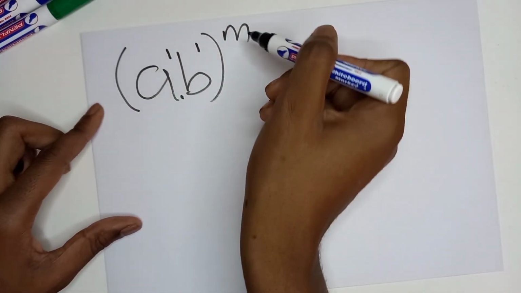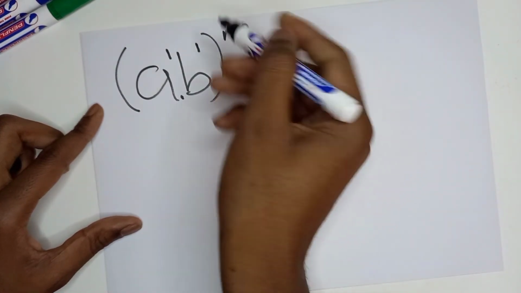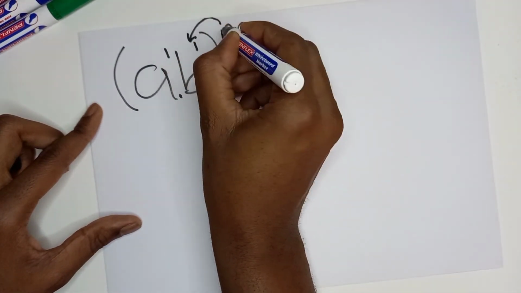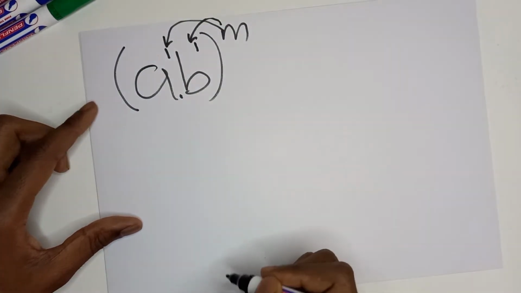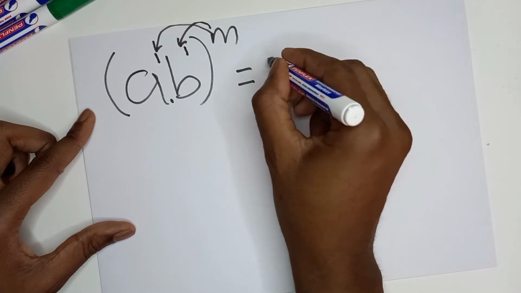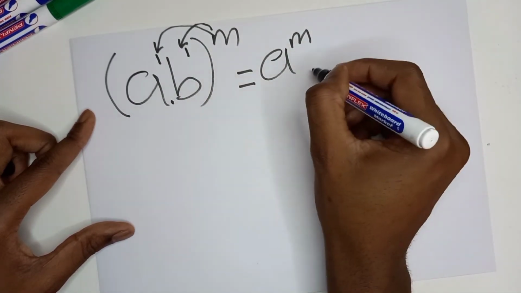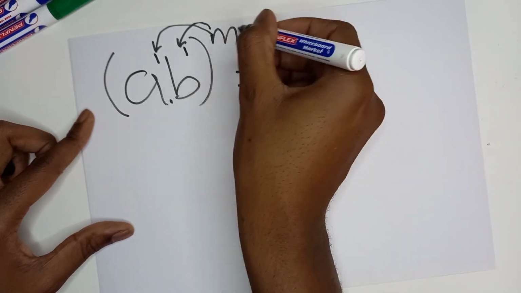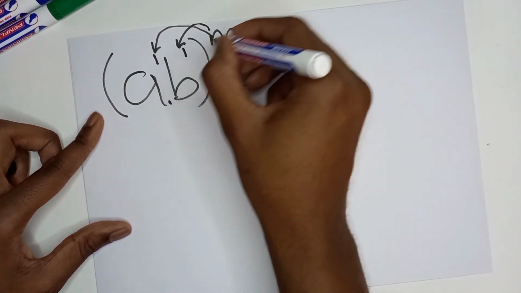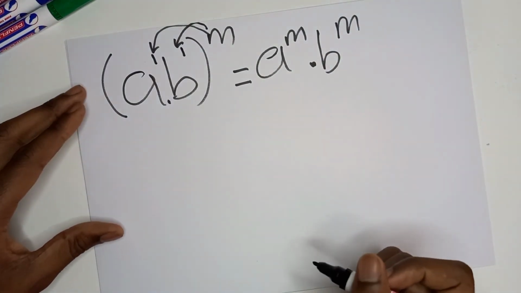So if I have one exponent outside, I multiply the one outside with the ones inside. On a, it will be 1 times m, which is just m, so you'll have a to the exponent of m. Then this is multiplied by b, which is again 1 times m, so b to the exponent of m.